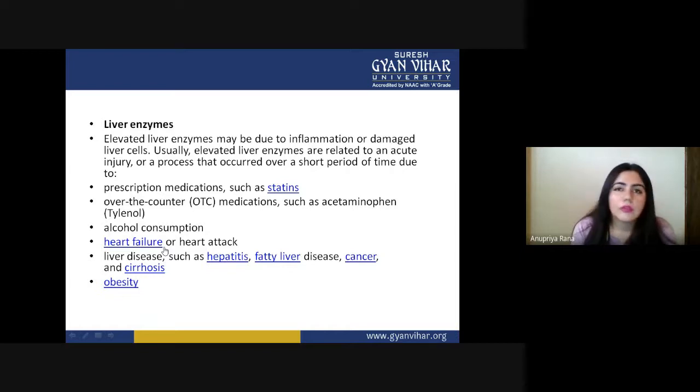Alcohol consumption can also damage the liver cells. Heart failure or heart attack can also damage the liver cells. Liver diseases such as hepatitis, fatty liver disease, cancer, cirrhosis, and obesity are the common problems which can cause the liver enzymes to increase from their normal level.